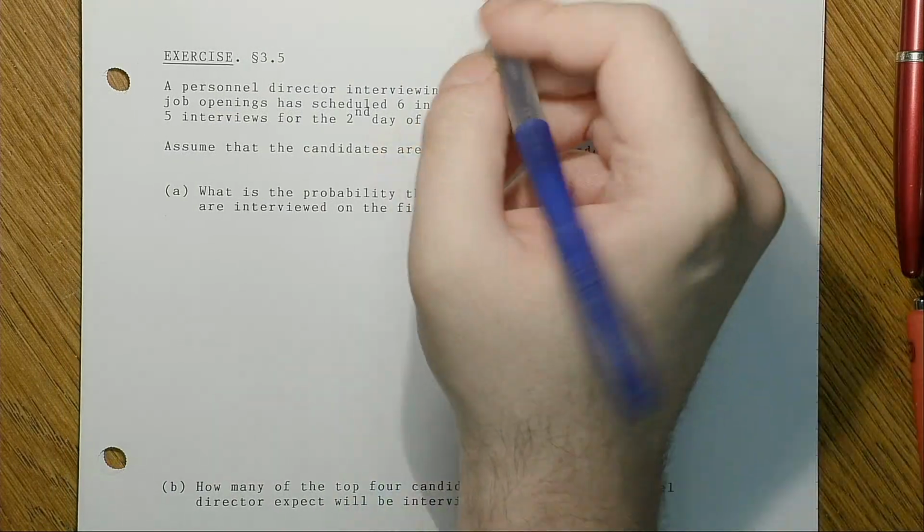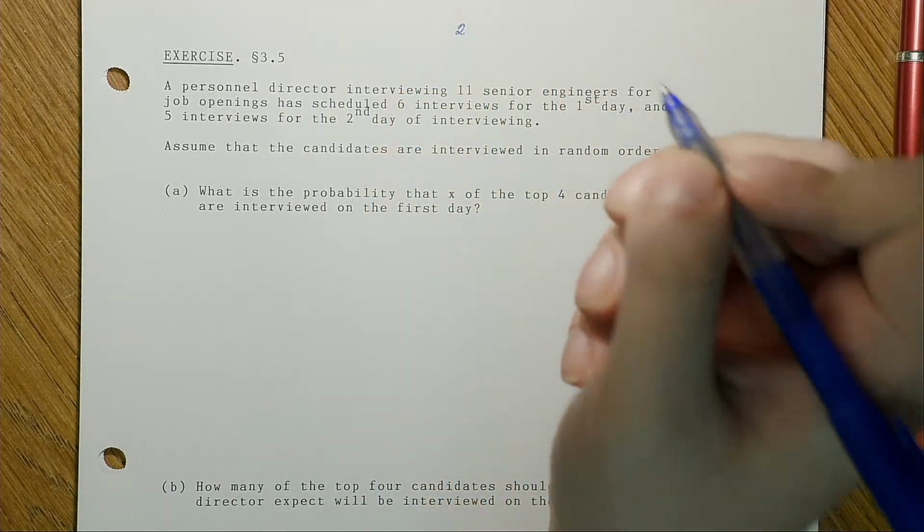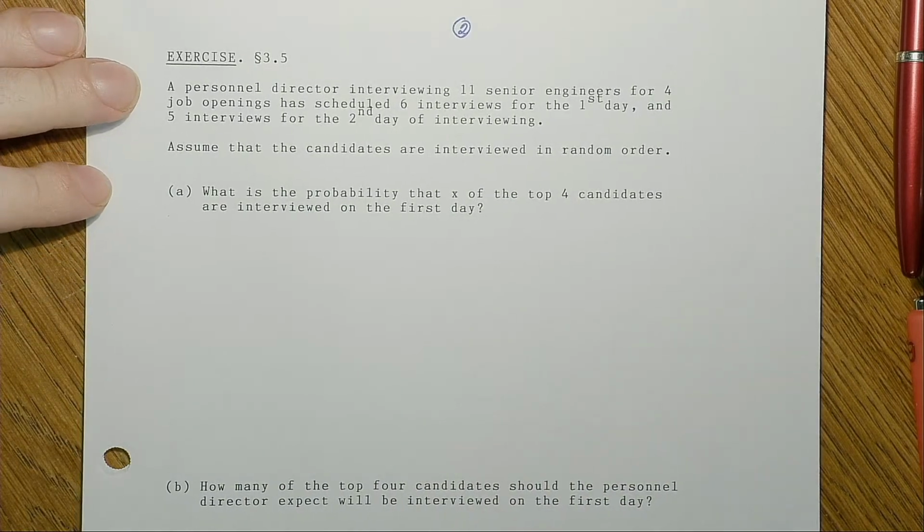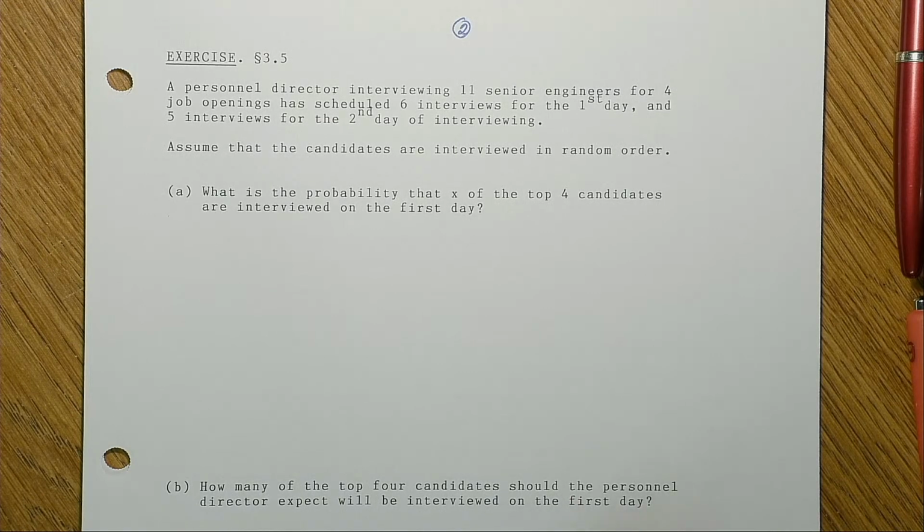Here is another example or exercise. And this is an exercise from the textbook from section 3.5.